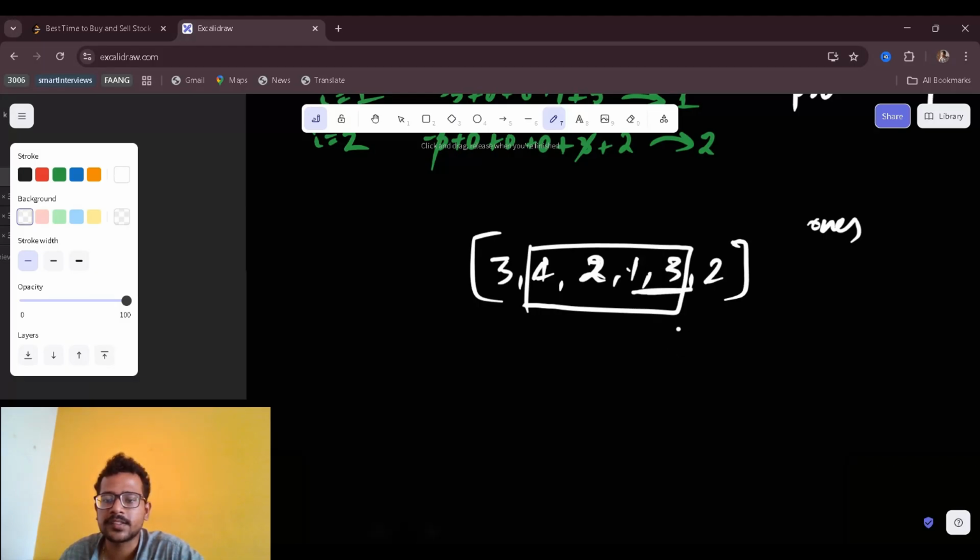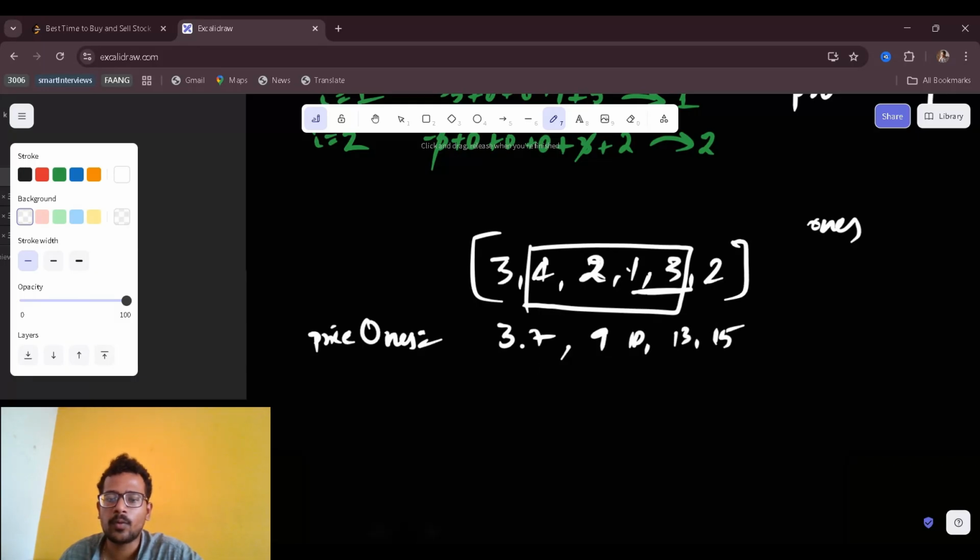It will be 1 plus 3, 4. What if I stored just 1 plus 3 here, 4? Now instead, what I'll do is use a prefix sum, right? So here I got 3 and price once. I got 3. I got 3 plus 4, 7, 7 plus 2, 9, 9 plus 1, 10, 10 plus 3, 13, 13 plus 2, 15.